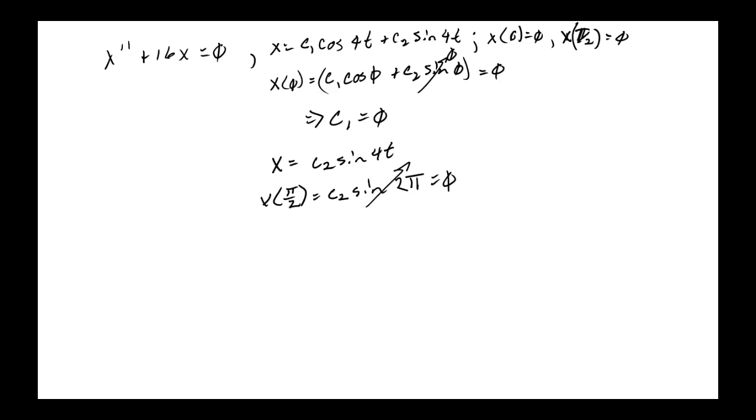Well, actually, no, you only have sine curves. Any C2 you put in there is going to give you a curve that goes through both of those points. Okay? And they happen also to go through.